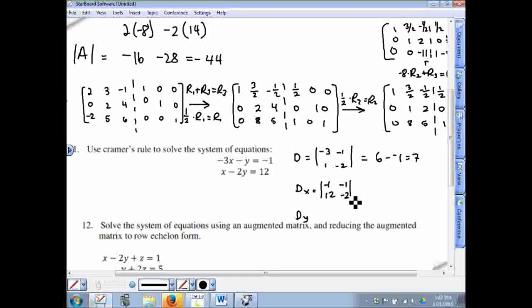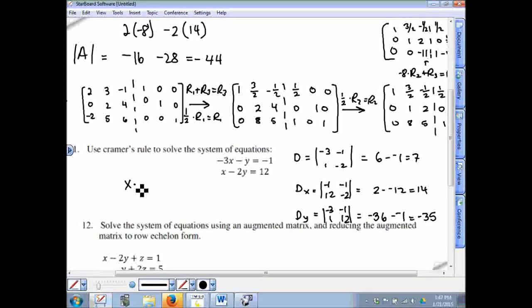The y column stays the same. So this determinant is 2 minus negative 12, which is 14. D sub y means the y column has now been replaced with these numbers negative 1 and 12. And the x column stays the same as it originally was. This determinant is negative 36 minus negative 1, which is negative 35.